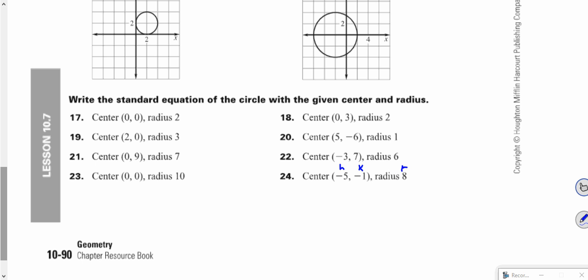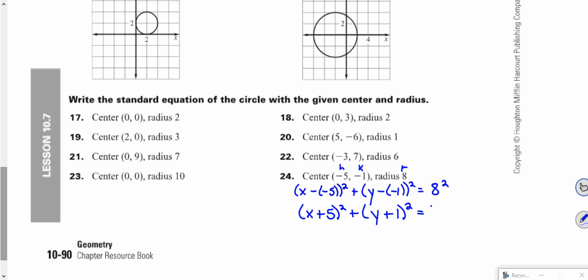Writing that equation, we've got (x - (-5))^2 + (y - (-1))^2 = 8^2. Just got to clean that up a little bit: (x + 5)^2 + (y + 1)^2 = 64. Hope you guys see that.